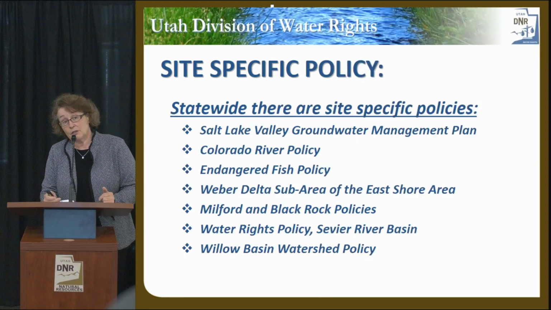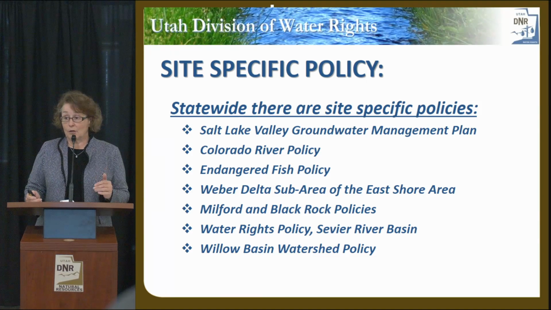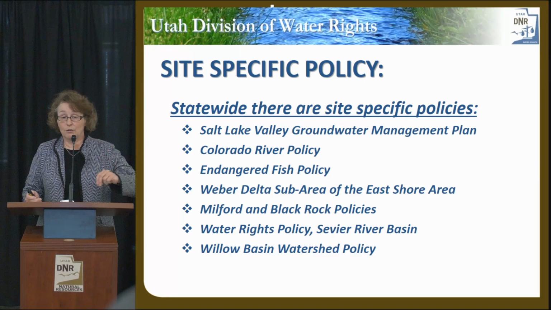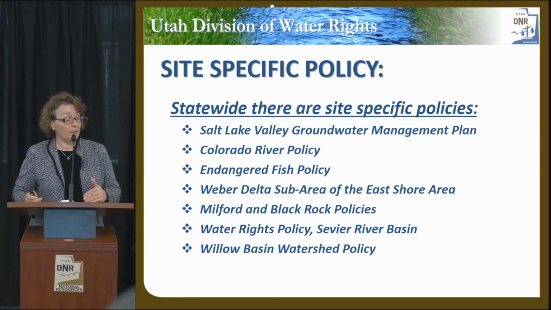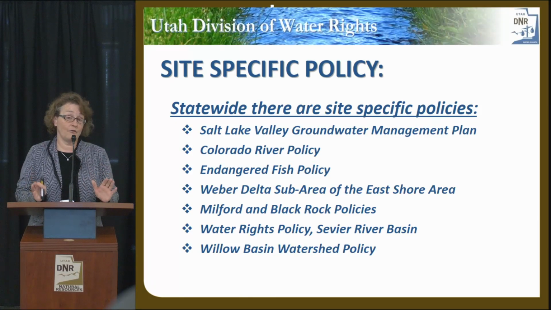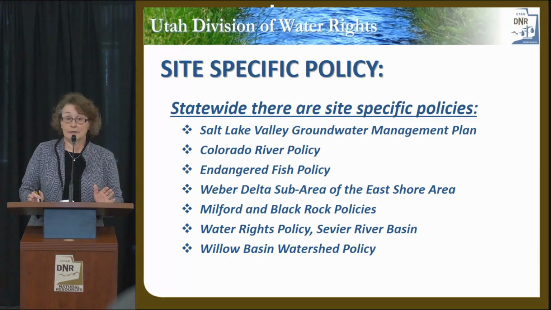But for each of the regional offices, if you go to our website and click on the area that you're interested in, it will bring up all of the policies that have been put in place by the state engineer that govern an area. And this is just a very brief listing of some of those, to give you an example.